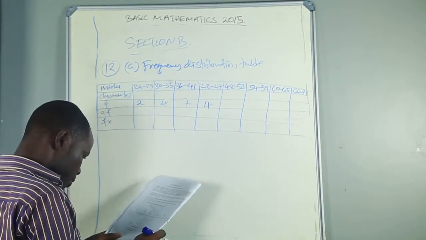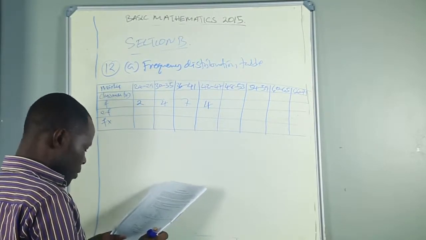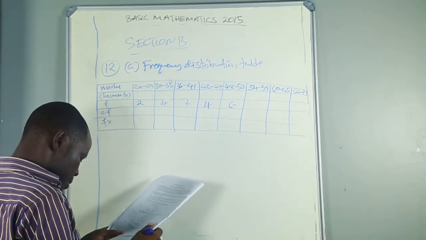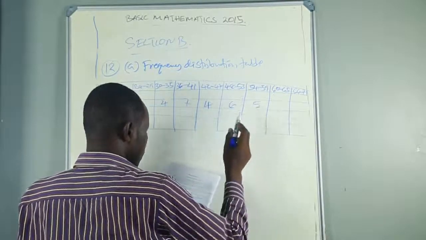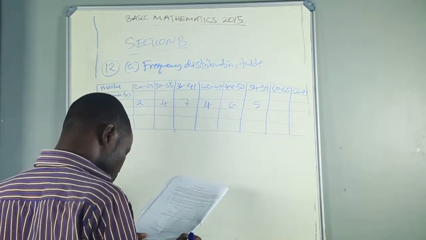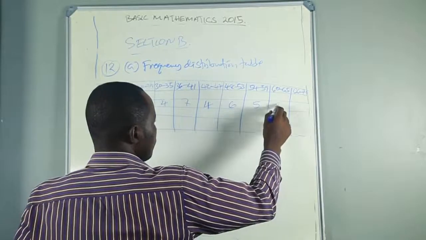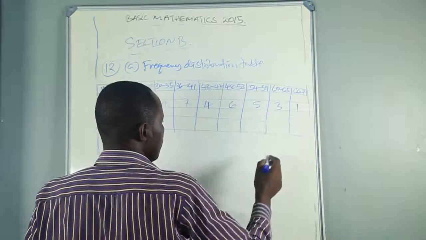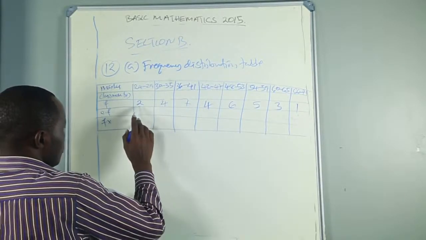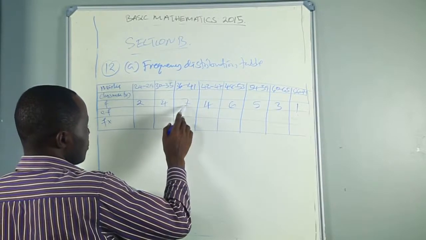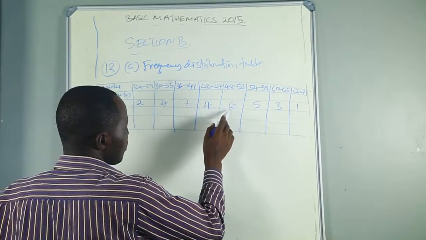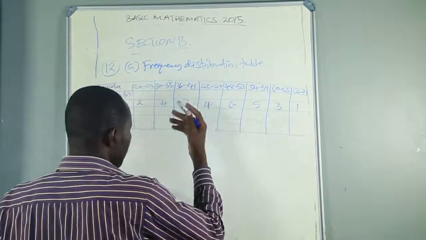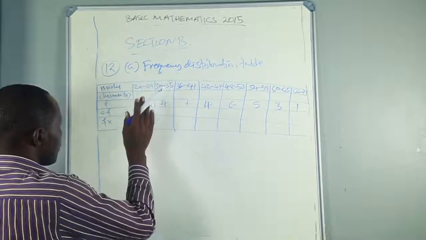Then 48 to 53, it is 6. Then 54 to 59 is 5. Then 60 to 65, it is 3. 66 to 71, it is 1. Then when you add these, 2, 6, 13, 17, 23, 28, then 31, 32. Yes, the given data is 32. So this one is correct.